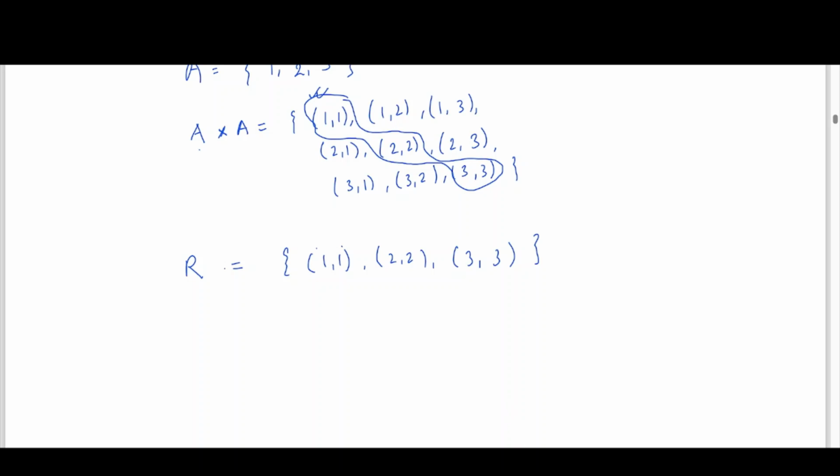Any other elements may also be present. Suppose I have another relation R1 in which other elements are also present, that is also okay. It is just saying that all these reflexive pairs should be present in the relation. Suppose one more ordered pair is present in this, it is also called a reflexive relation.